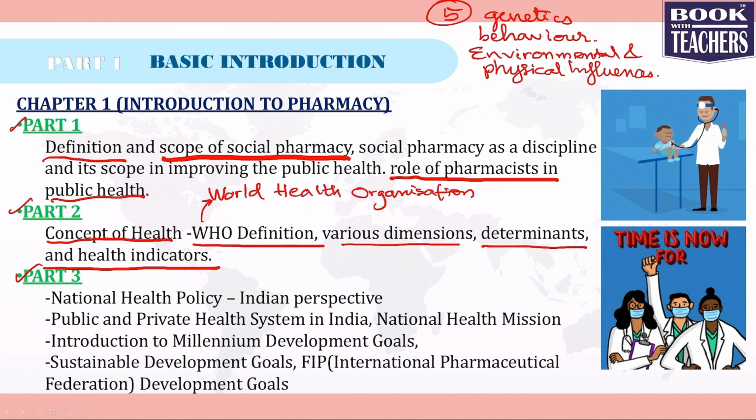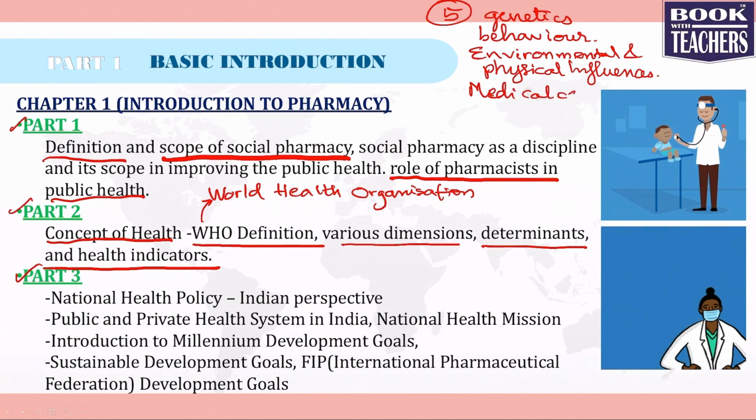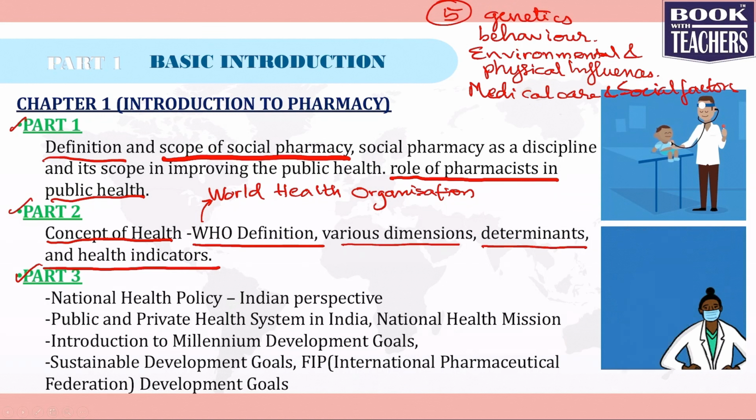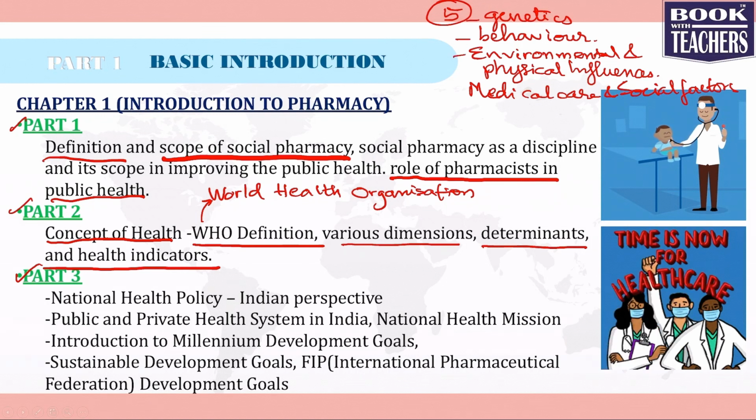And last is medical care and social factors. Okay, so these are the 5 broad categories, which are based on the determinants of health.